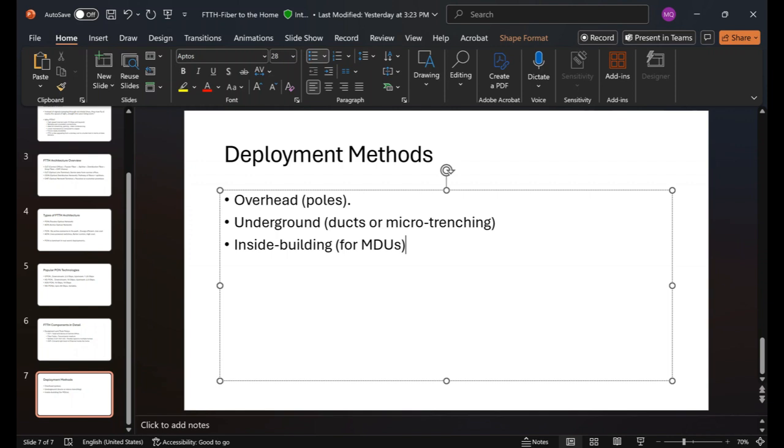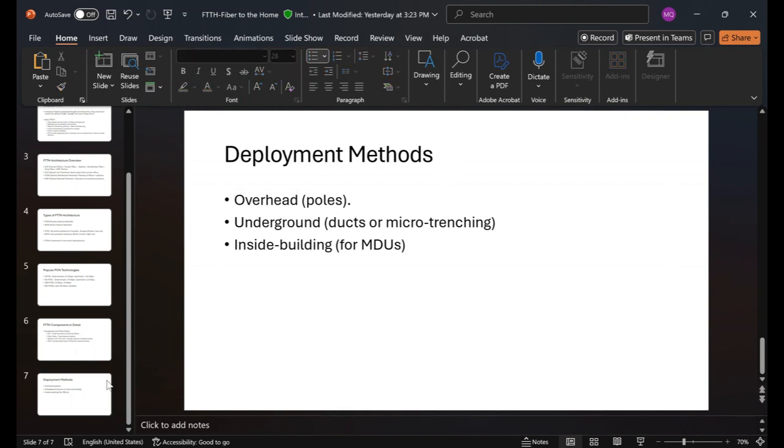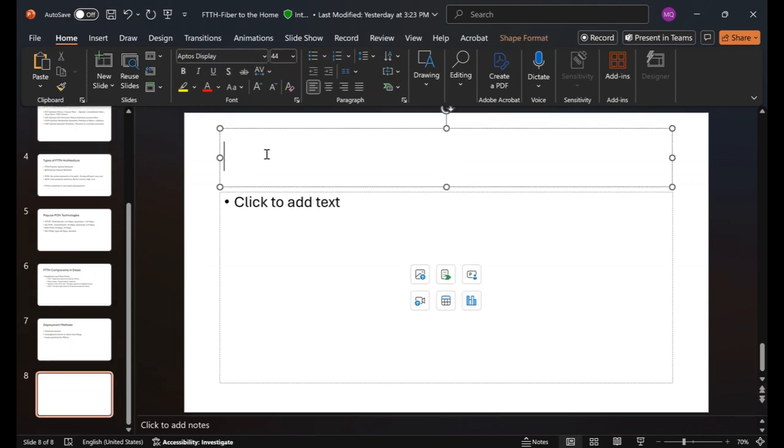Number five, testing and quality assurance.